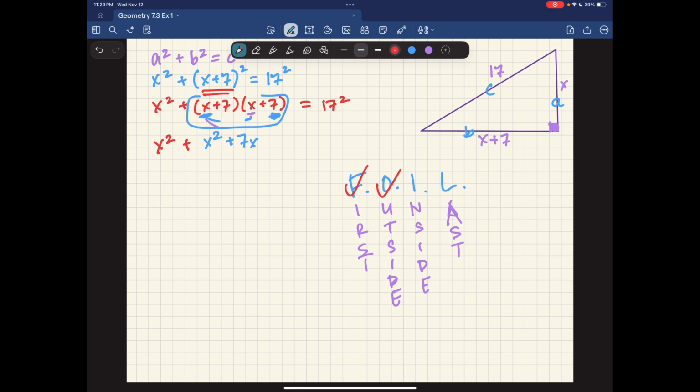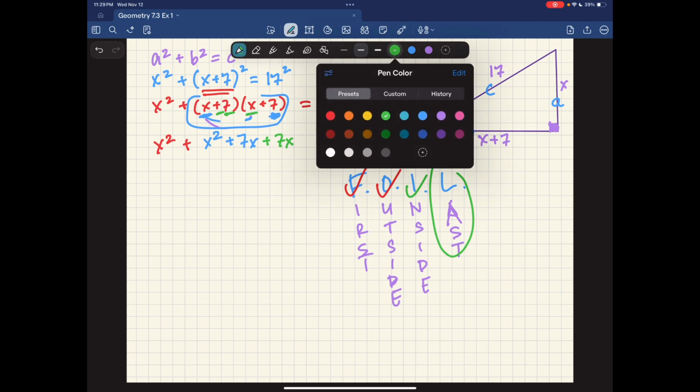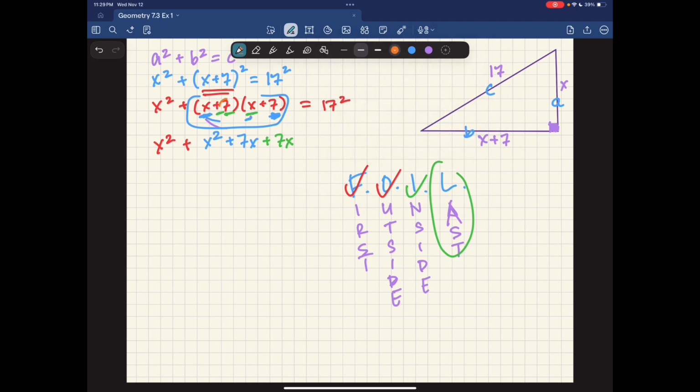Okay, let's look at the inside ones. Okay, y'all picking up on what we're doing now? So this inside one is going to be 7 and x together, and it's positive, so it's just going to be plus 7x.